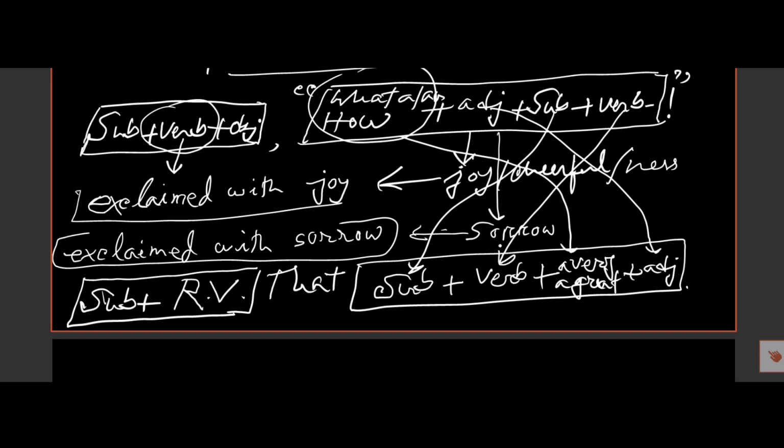Then if the sentence begins with what a or what an, then in lieu of it we must put a very or a great. But if the sentence begins with how, then only very or great, and then comes the adjective, and at the end there will be a full stop.